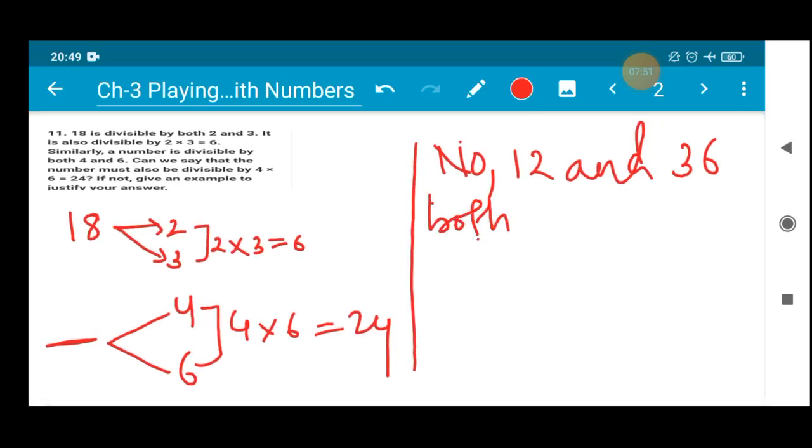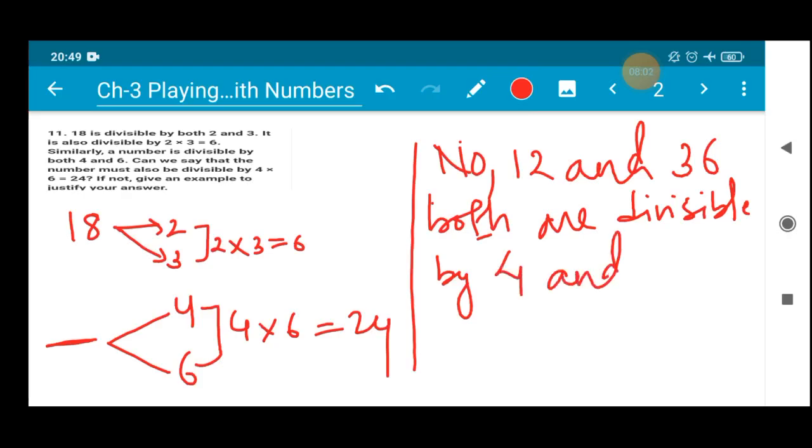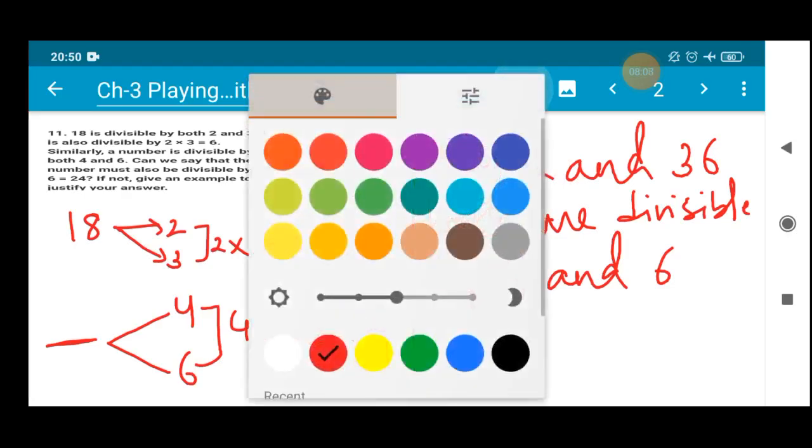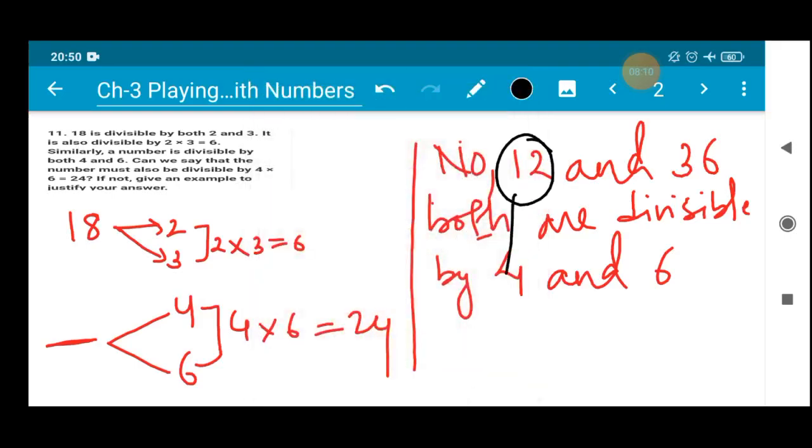Both are divisible by 4 and 6. 4 3s are 12, and 6 2s are 12. In both cases, 4 and 6 are able to divide 12.